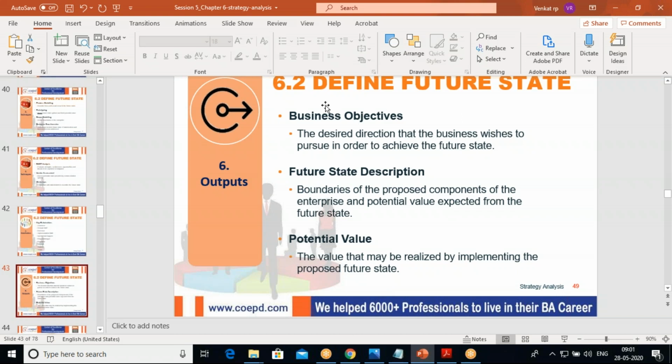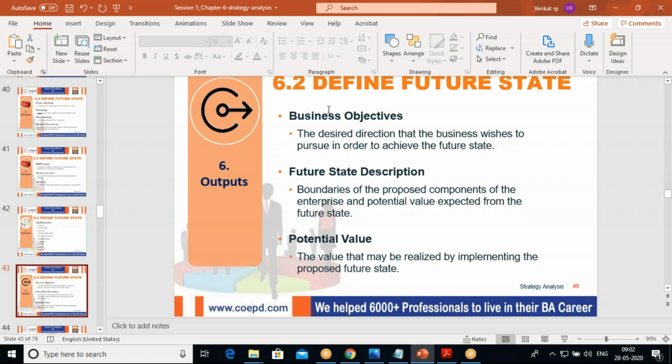Okay, so you have to define the future state, considering 11 elements, and we'll have three outputs here. You will be taking business requirements as the input, and the output would be business objectives, future state descriptions, and potential value. For you to derive to this level, we have to consider those 11 elements.